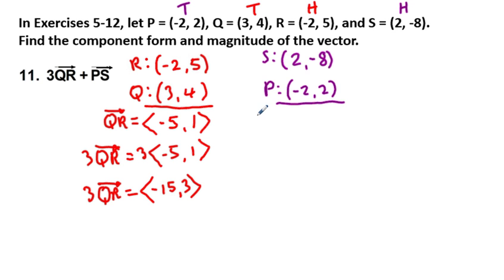And we subtract. So vector PS is equal to 2 minus -2, which is the same as 2 plus 2, so we're going to get 4, and -8 minus 2 is going to be -10.